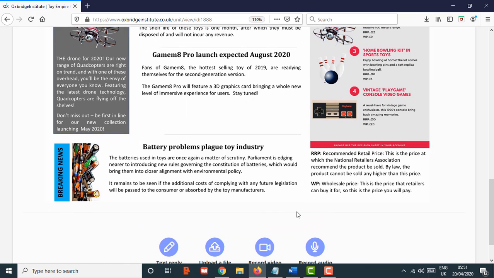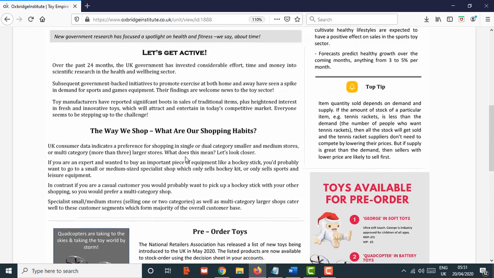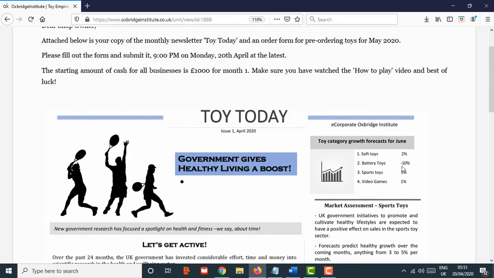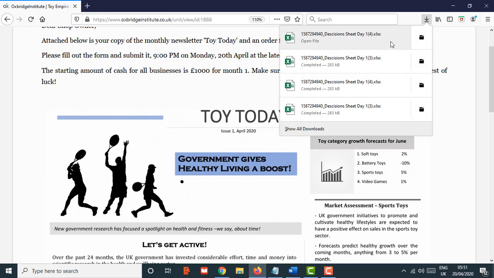So we have a new news about some battery problems for the toy industry. Read this article to understand what's happening. And if you will notice, battery toys have a growth forecast of -10%. So obviously it's something really bad, which can have a big negative impact. So after going through this newsletter, let's go back to the Excel sheet we downloaded.